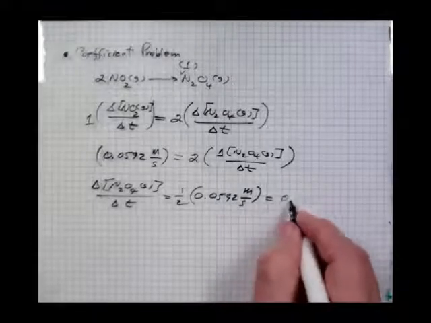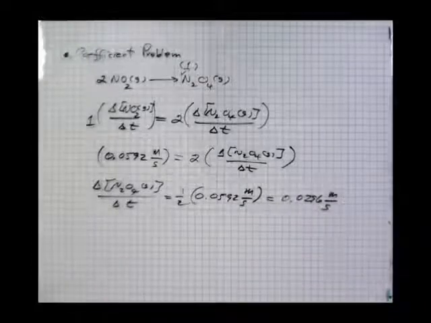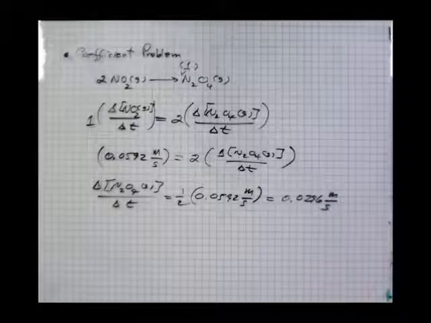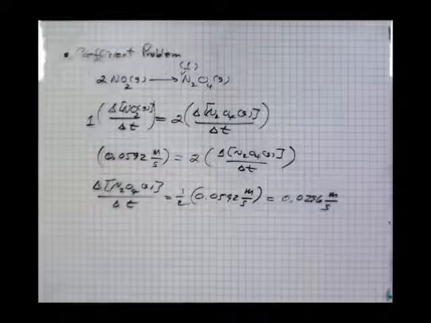And of course that's 0.0296 molar per second. Very straightforward type problem. So you pair the one known, one unknown. Swap the coefficients, solve for the unknown. Okay.